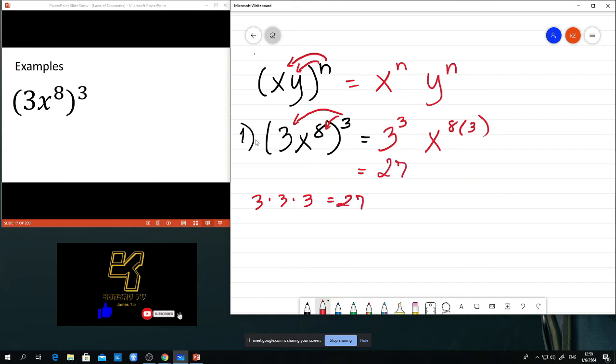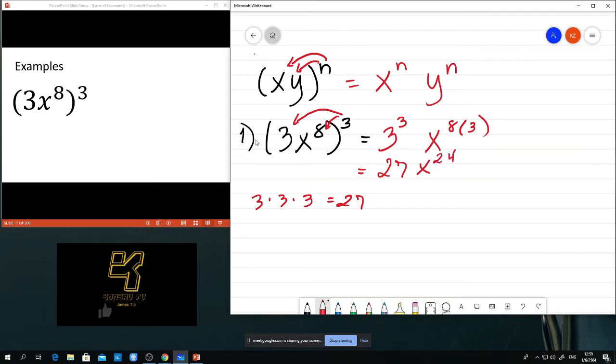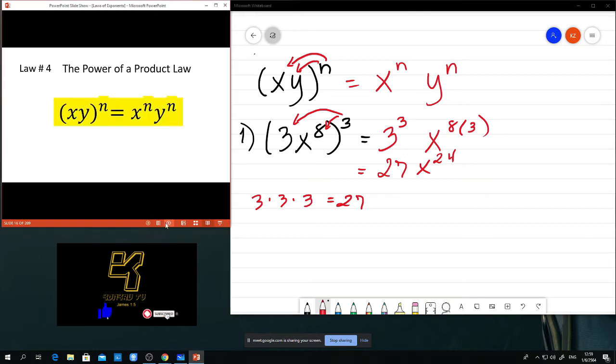So 27x, 8 times 3 is 24. So that's law number, what number are we now? 4, right? Yeah, number 4.